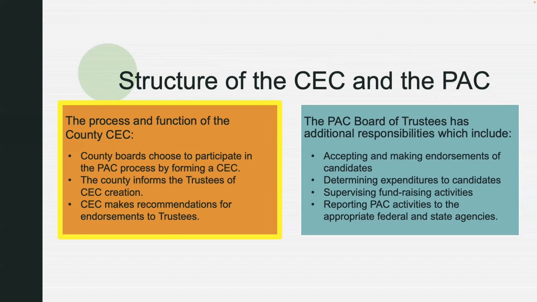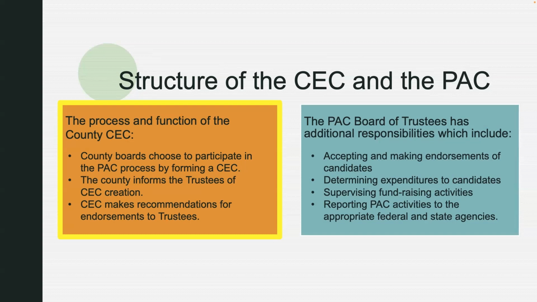Once the County Farm Bureau board decides that they want to participate, the County Farm Bureau will look to recruit and build that CEC board. Once the committee has been created and populated with members, the County Farm Bureau will then inform the PAC trustees that the county has developed a CEC and will be engaging in that particular year's election.